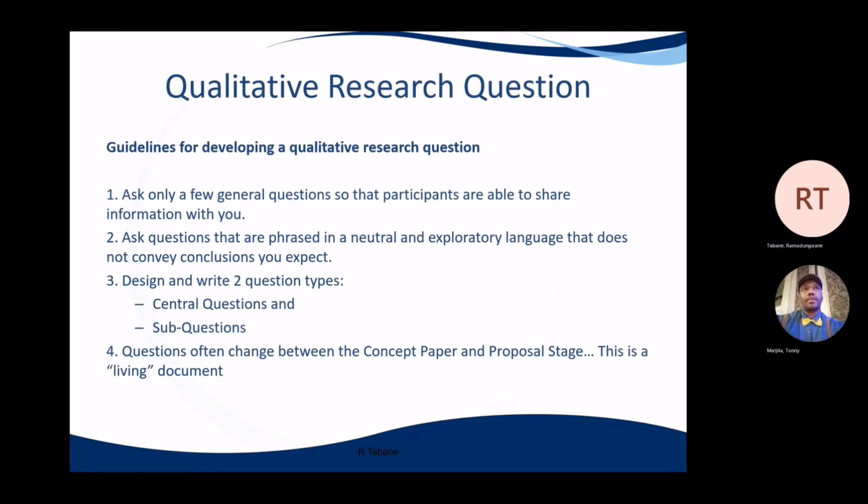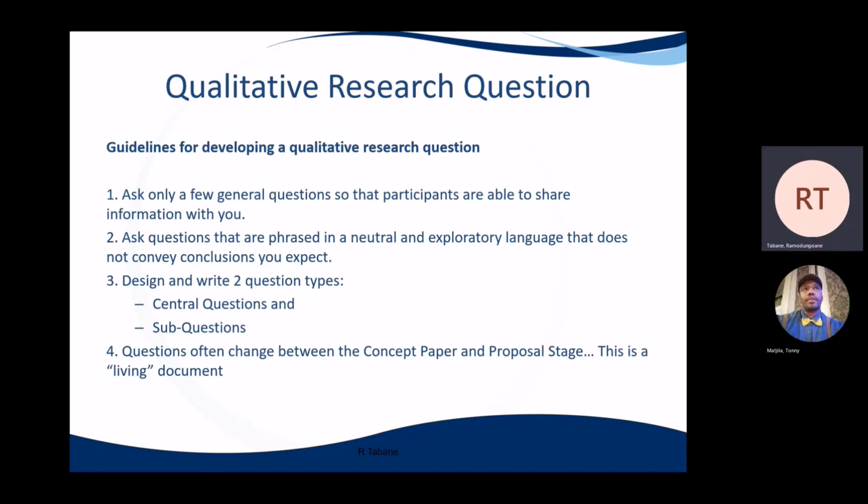So, qualitative research questions. Here's an example. They tell you, again, they must have focus on central phenomena of study, participants, as well as the site. Ask only a few questions.